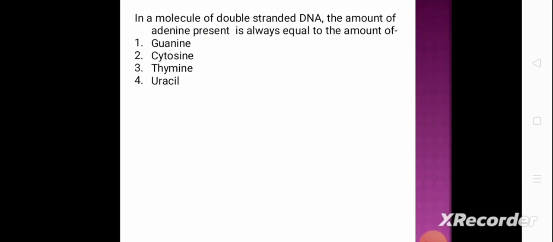Next question. In a molecule of double-stranded DNA, the amount of adenine present is always equal to the amount of option 1 guanine, option 2 cytosine, option 3 thymine, and option 4 is uracil. And the correct answer is option 3 thymine.